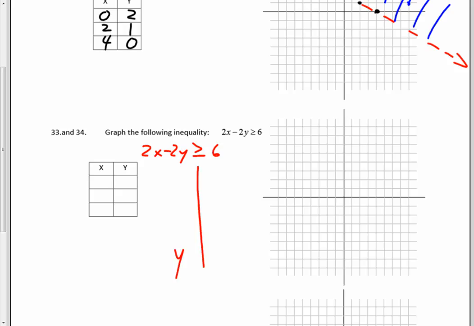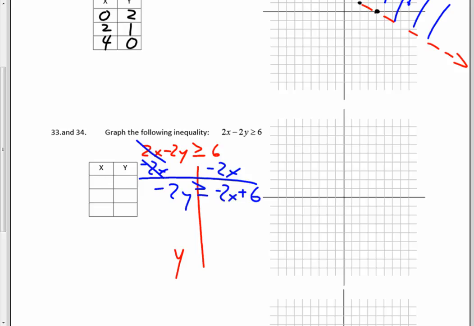How do I start? That goes away. Watch the order. I put the 2x first, the minus 2x, then I put the 6 at the end. Is y by itself yet?